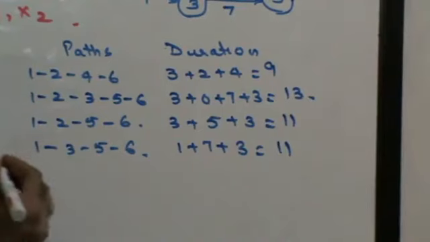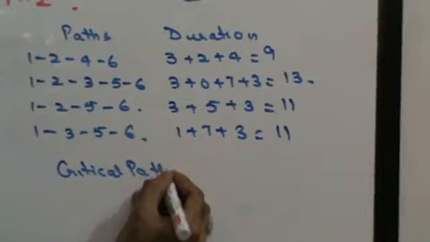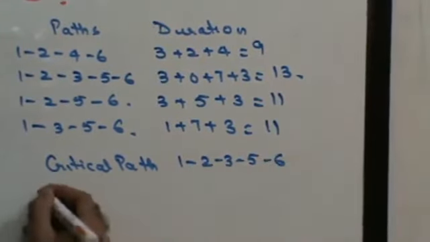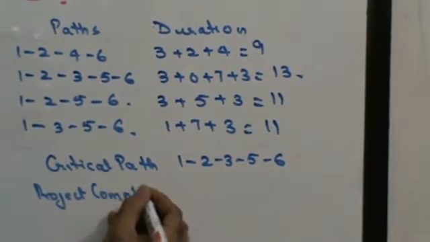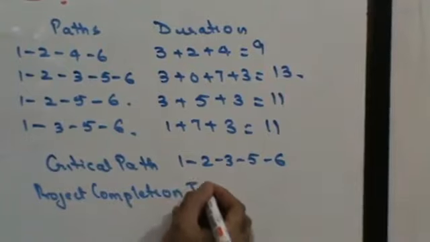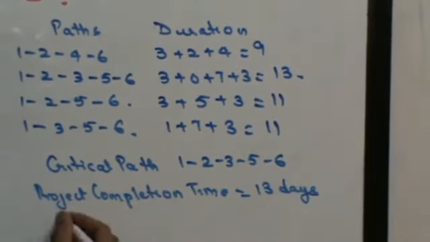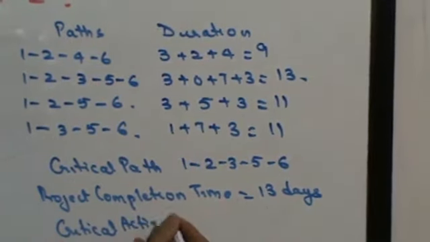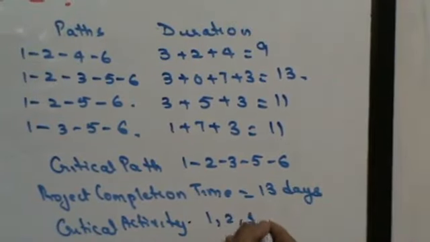So my critical path is going to be 1, 2, 3, 5, 6. Project completion time is 13 days. Critical activities are 1, 2, 3, 5, 6.